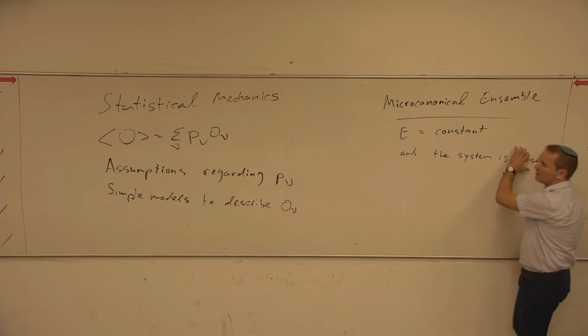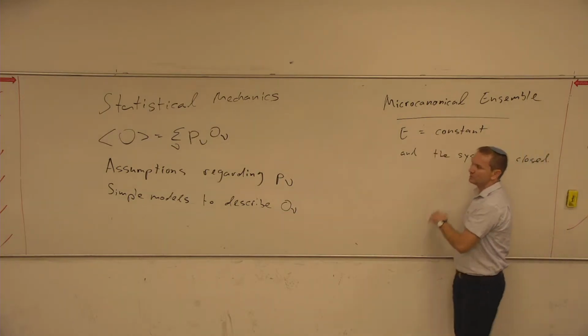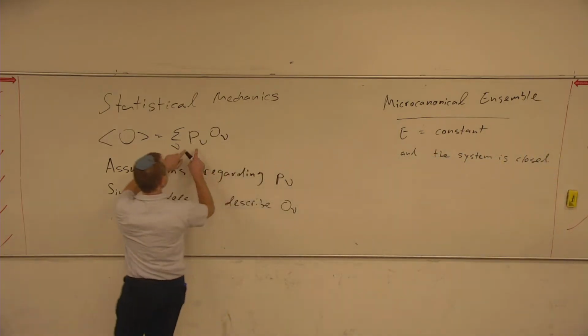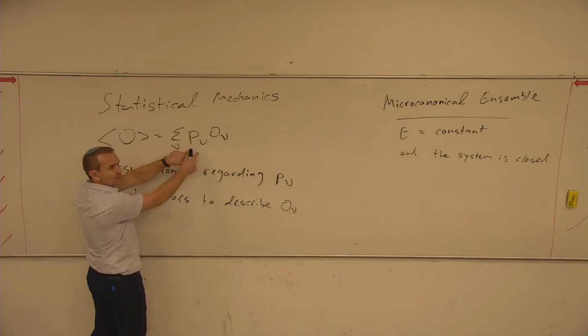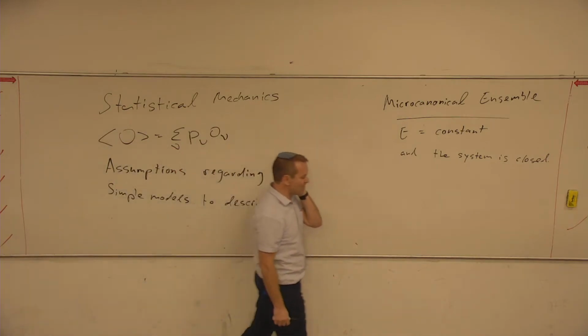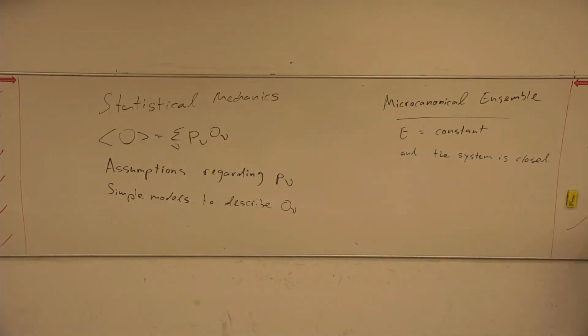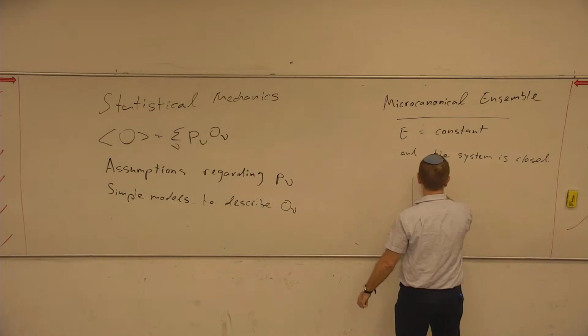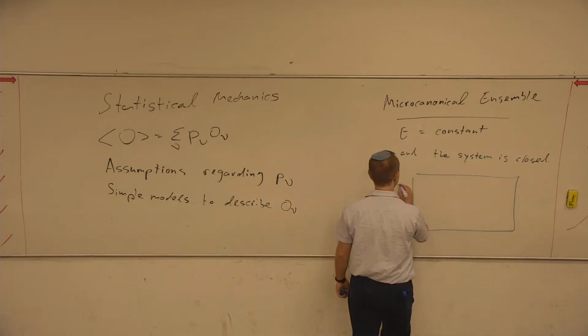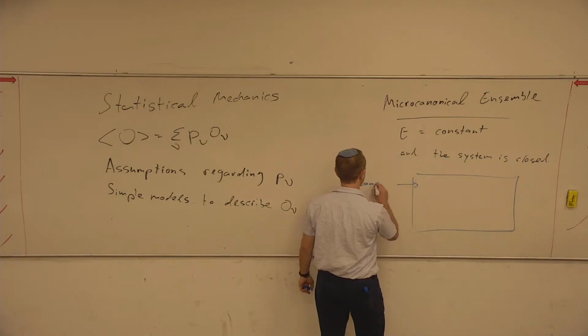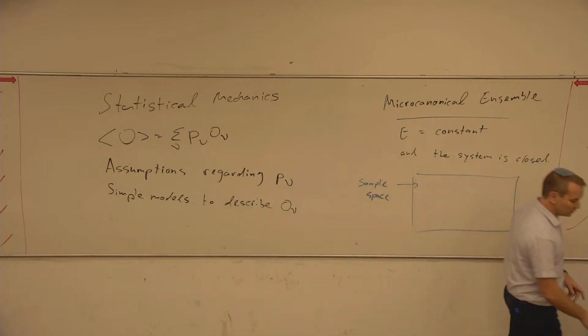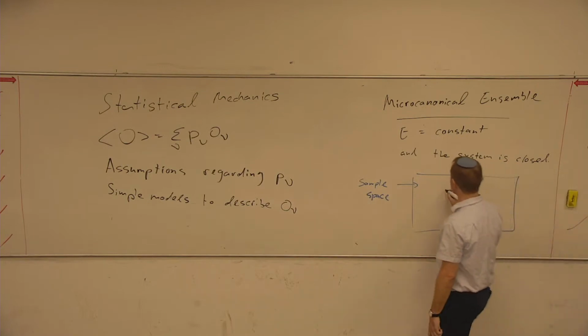Now, it's still not clear from those assumptions what this difference P nu should be. And here I'm going back to the class of statistics, and I ask you, so we had a sample space, מרחב מדגם. And this sample space included different outcomes of the experiment.